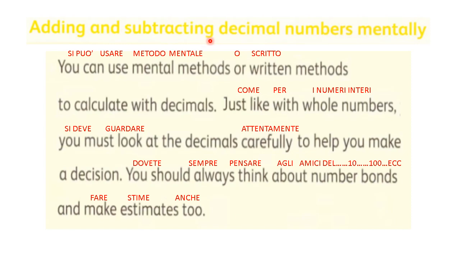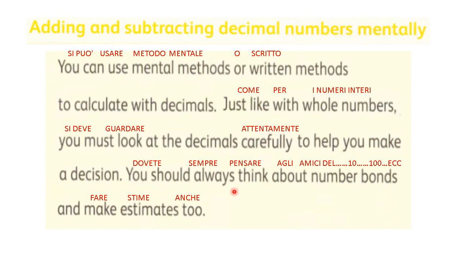Adding and subtracting decimal numbers mentally. You can use mental methods or written methods to calculate with decimals, just like with whole numbers. You must look at the decimals carefully to help you make a decision.